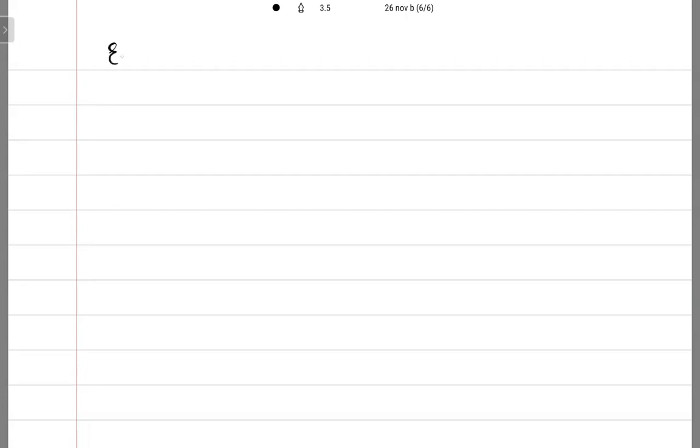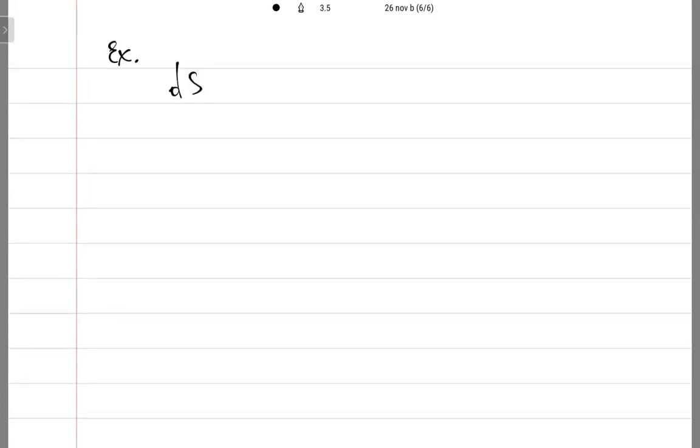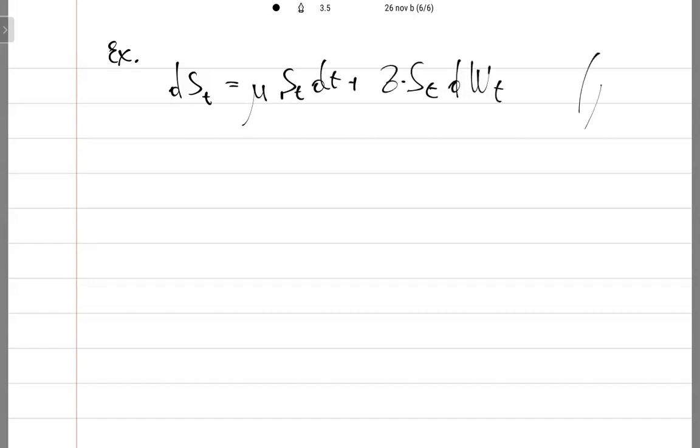Okay, so the last exercise for today. In the framework of the Black-Scholes model, dSt is assumed to be mu St dt plus sigma St dWt. Mu and sigma are constants, and Wt is a Wiener process.